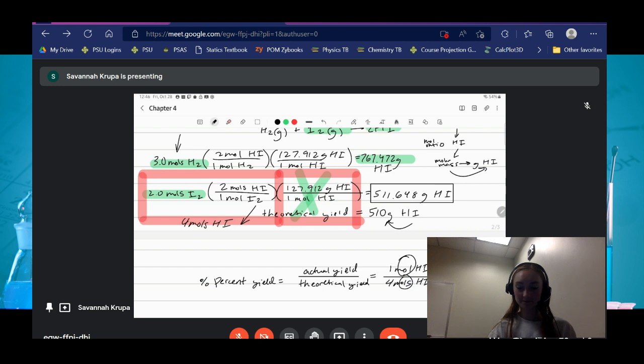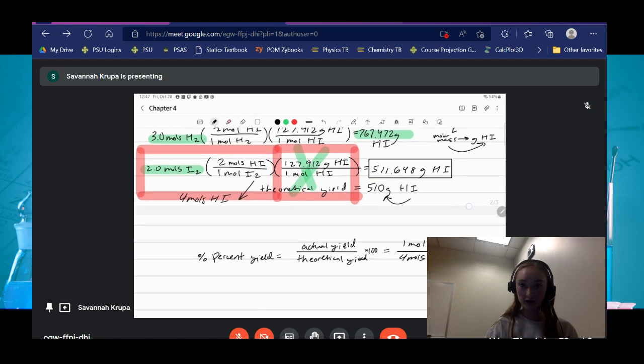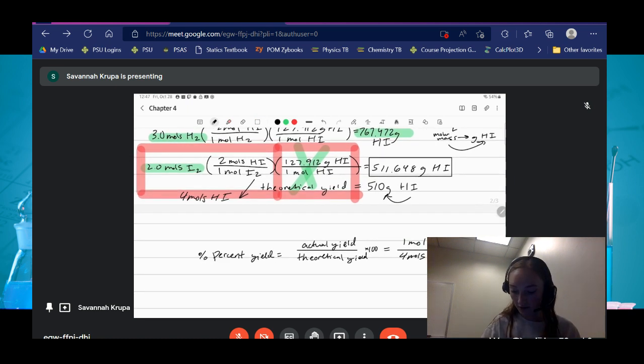So we have 1 mole of HI and we have 4 moles of HI on the bottom. And you times it by 100 to get a percent. And so 1 divided by 4 is 0.25, and then times 100, that'll give us 25%.